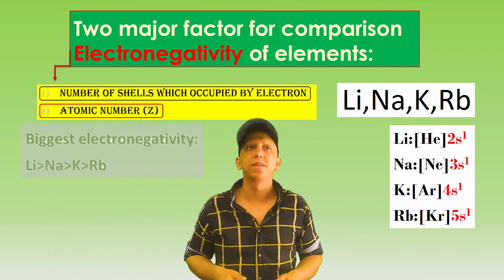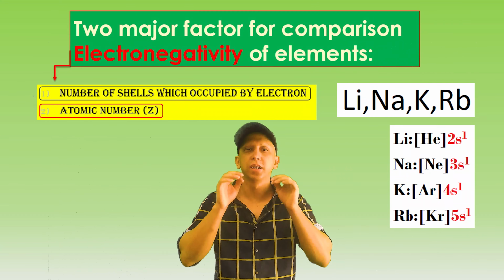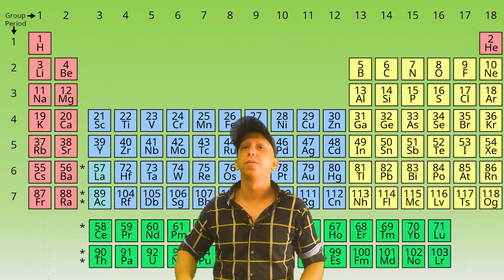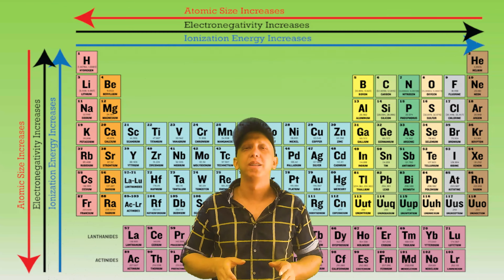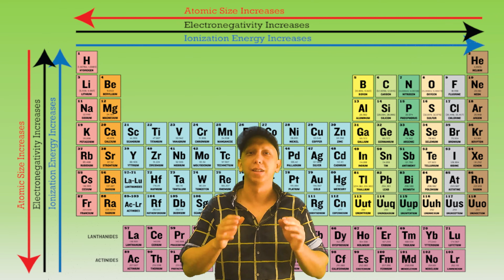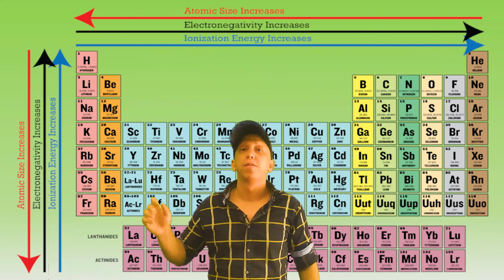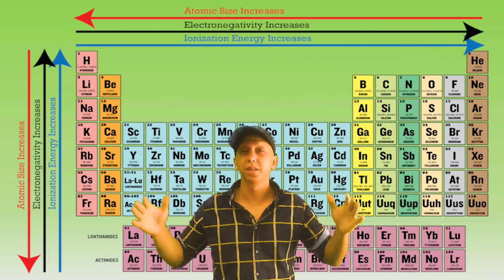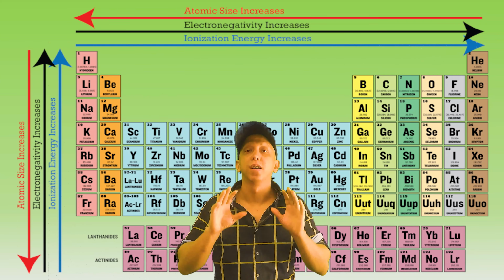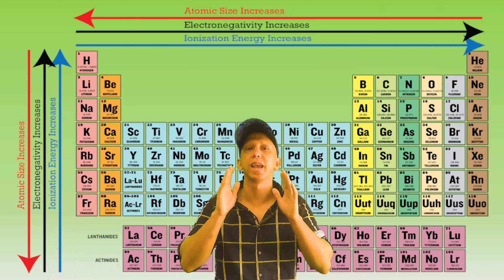Now let's see the trend of atomic radius, ionization energy, and electronegativity in the periodic table. As I told you, from up to down, the atomic radius will increase because the number of periods and shells will increase, so the atomic radius becomes bigger. But from left to right, the atomic radius will become smaller, because when we say from left to right, we are talking about the same period, and the same period means the same shell.